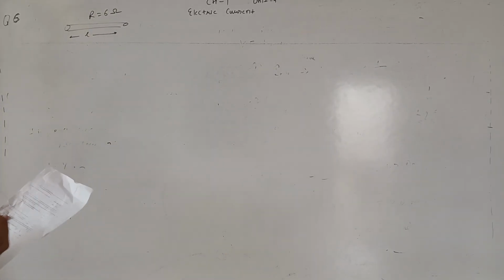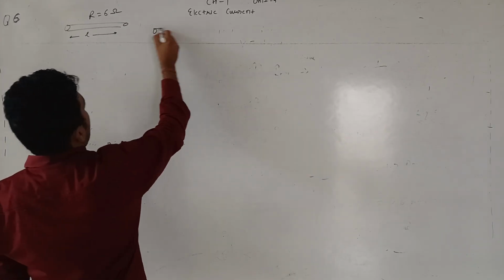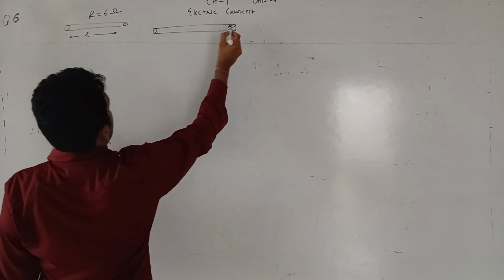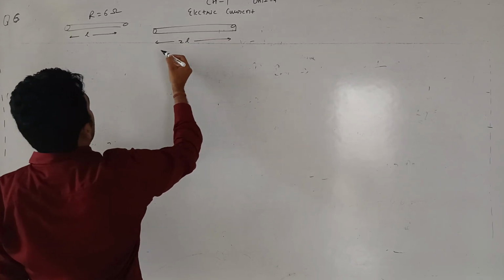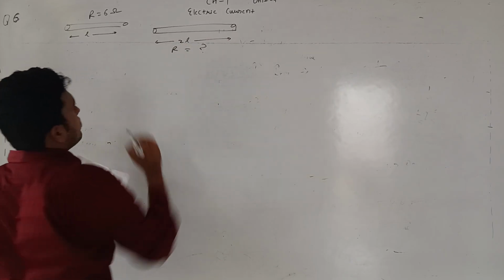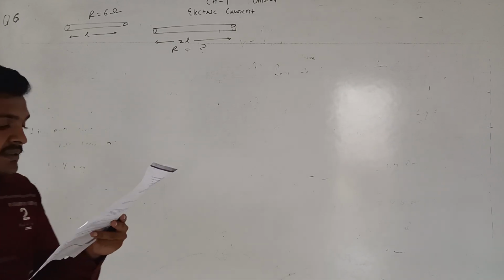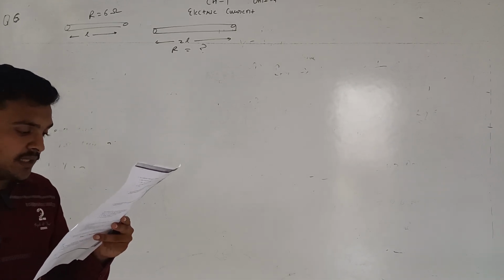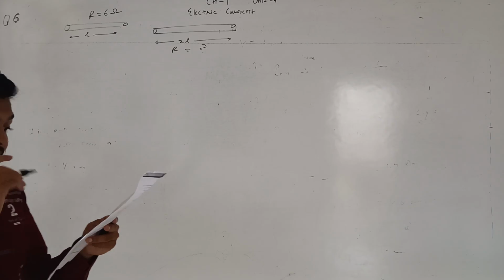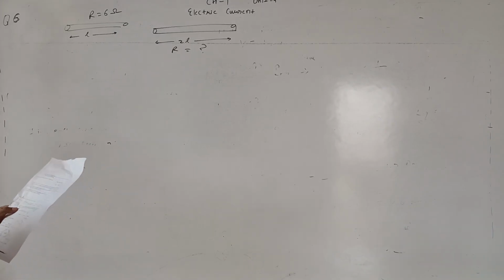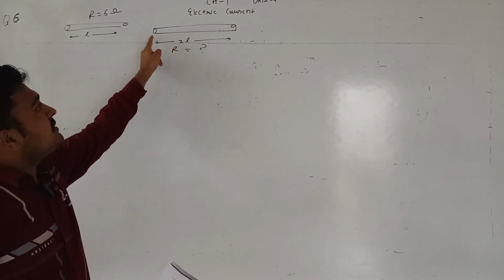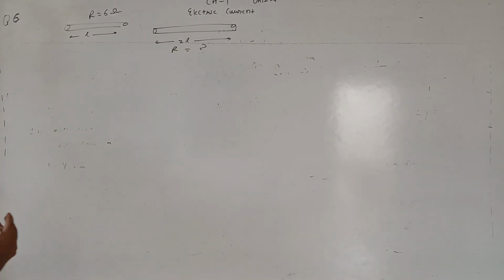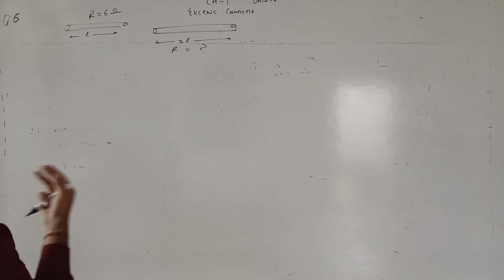The wire is stretched, and after stretching its length becomes 2L, and we have to find its resistance after it gets elongated. There is a hint that when the wire is stretched, its area of cross section is reduced while its volume remains the same. We have to find the new resistance.